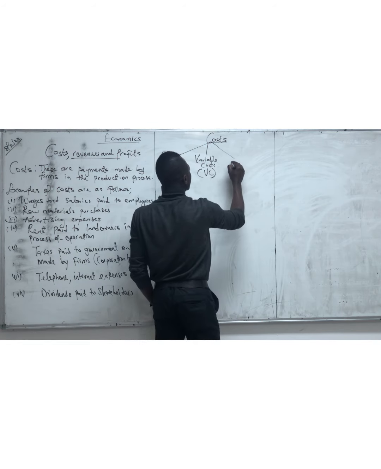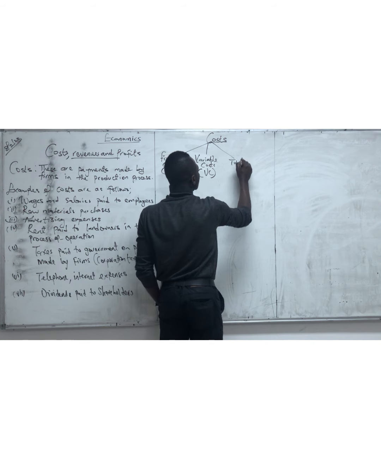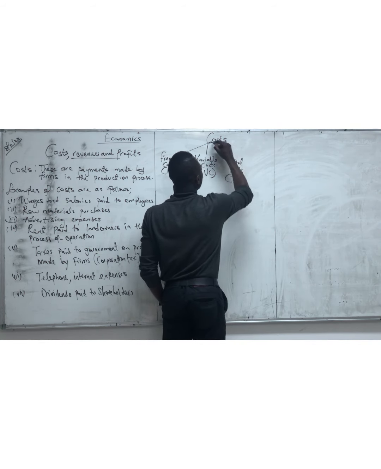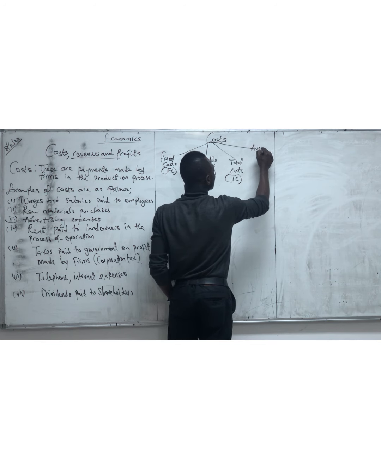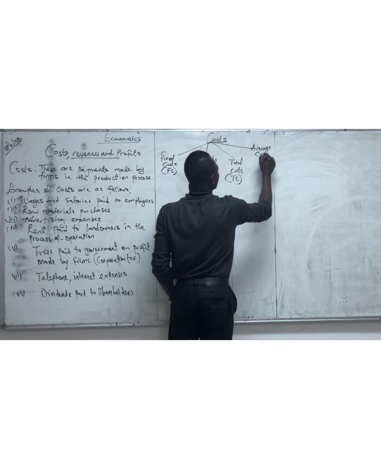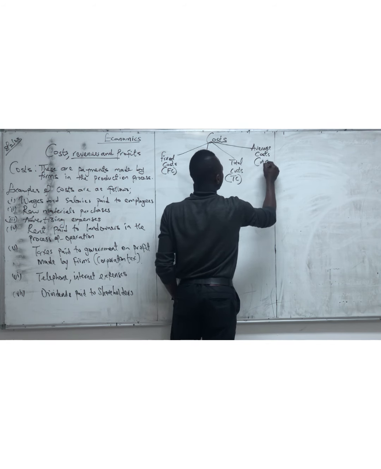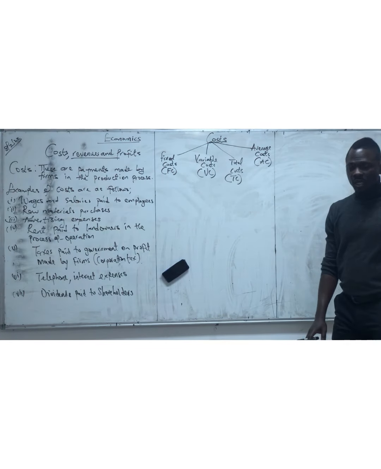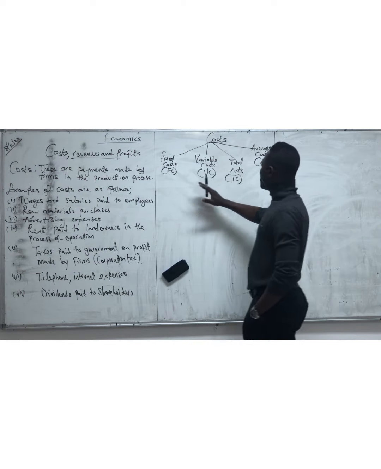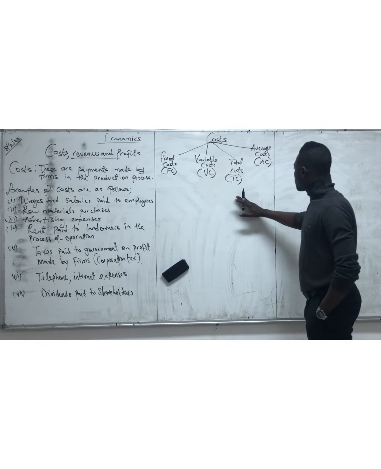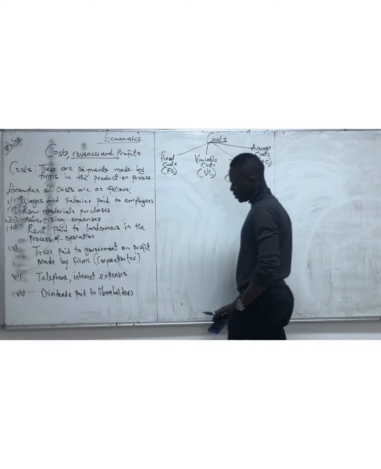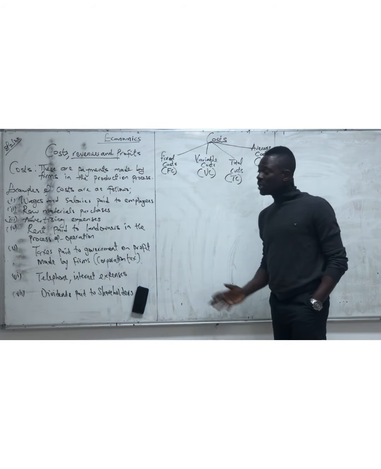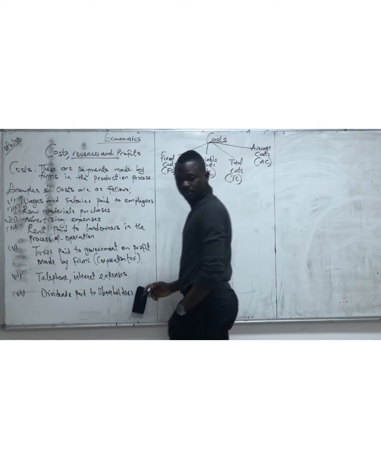We have total costs, which is TC, and we have average costs, which is AC. Are you with me? Okay. So we have fixed cost, variable cost, total cost, and average cost. They differ, so we need to talk about each one.